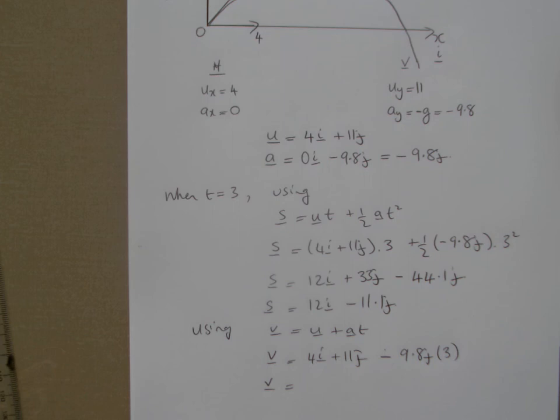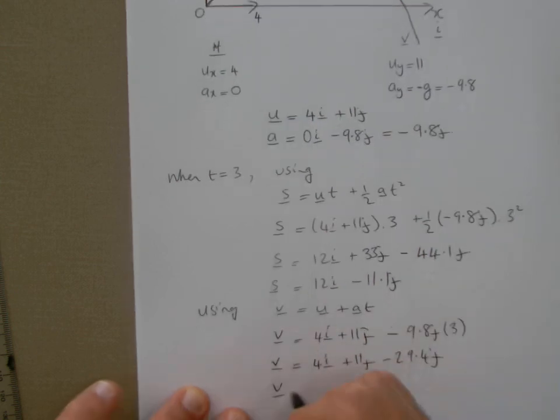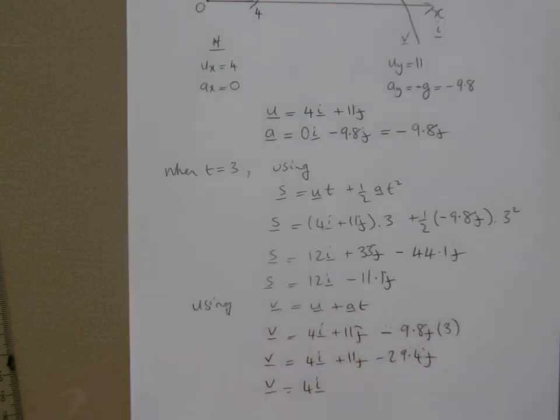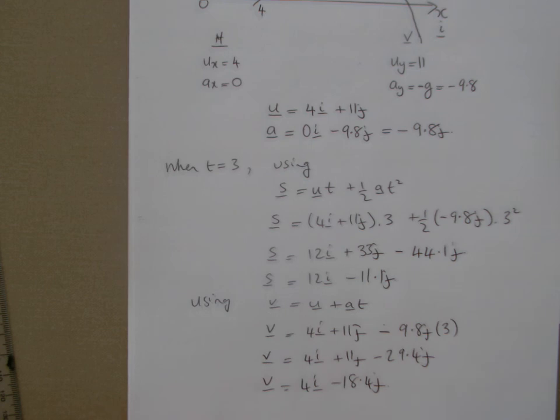So we've got 4i plus 11j, and then 9.8 times 3 is 29.4j. So my velocity will be minus 18.4j there. So 4i minus 18.4j.